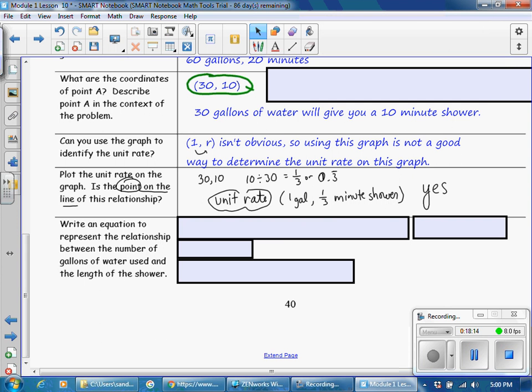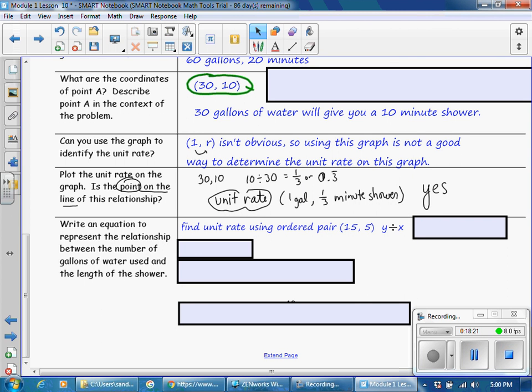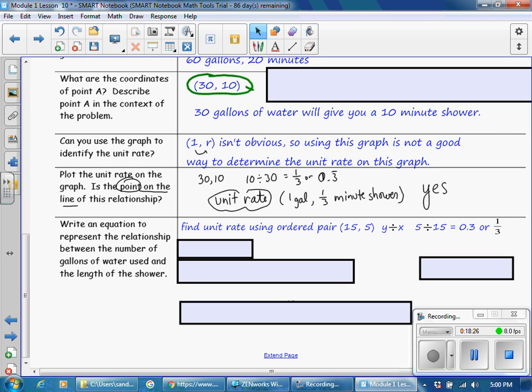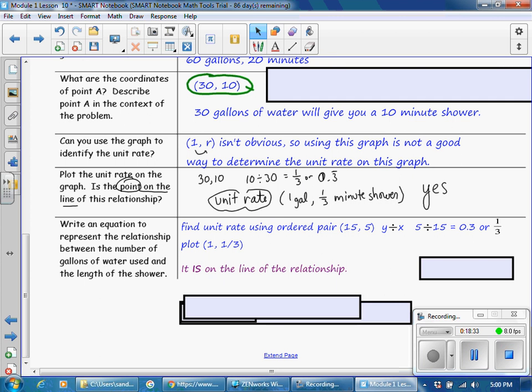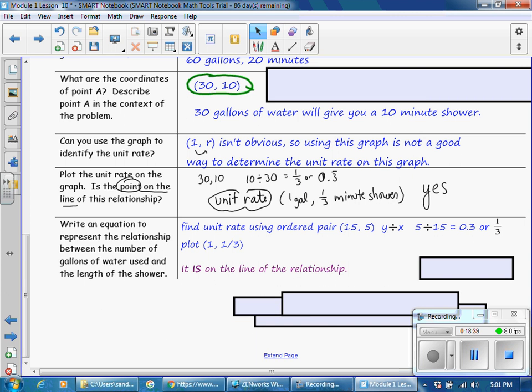Next, write an equation to represent this relationship between the number of gallons used and the length of the shower. So you want to find the unit rate, which we did, and it is 1/3. Then you want to plot that point, which we did, and it is on the line of the relationship. And next, writing the equation. So writing the equation, remember your first step is to find k, and we know that k is 1/3.